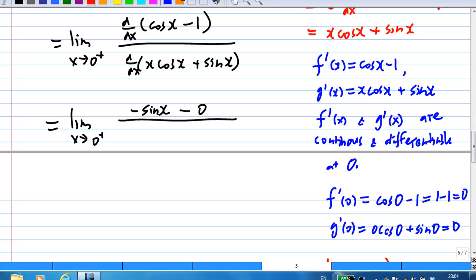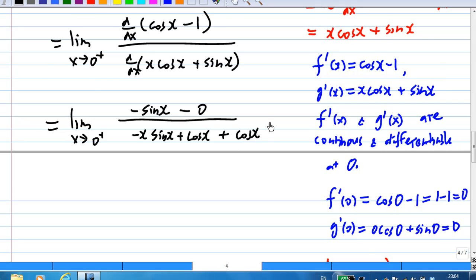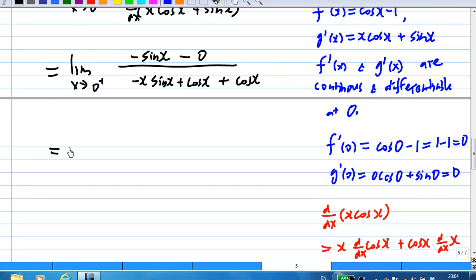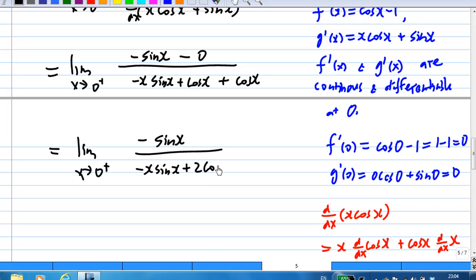And then differentiation of sine x, I get cosine x. Let's simplify this. This is the limit of x goes to 0 from the right, minus sine x over minus x sine x plus 2 cosine x.